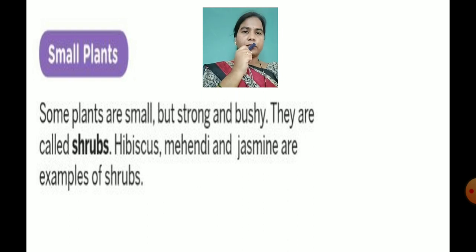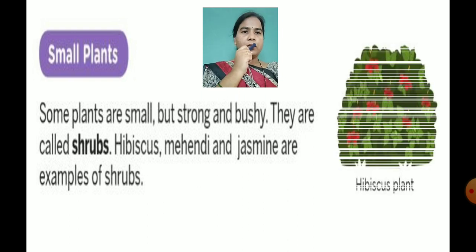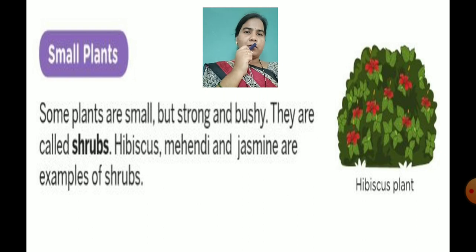So children, see the example of this small plant. Example is hibiscus plant. Some plants are small but strong and bushy also. Such type of plants are called shrubs.